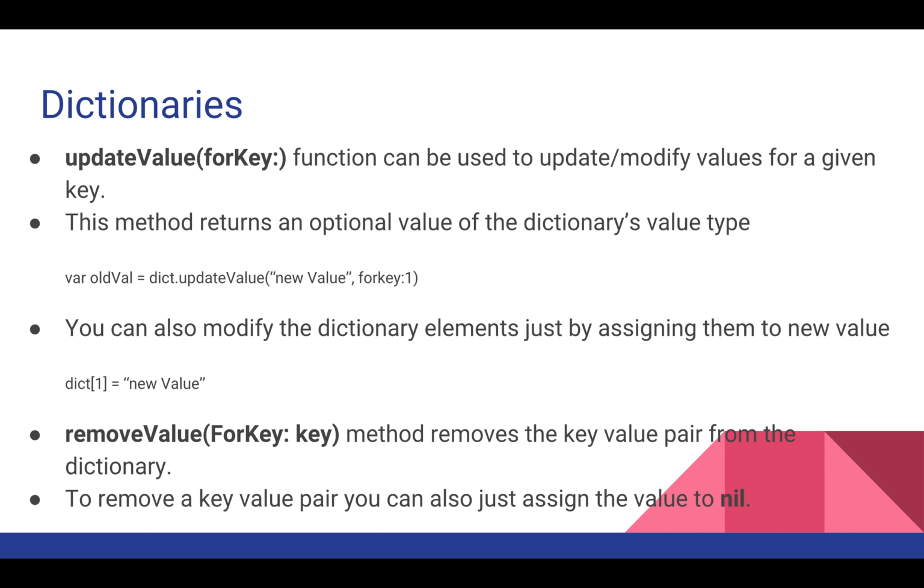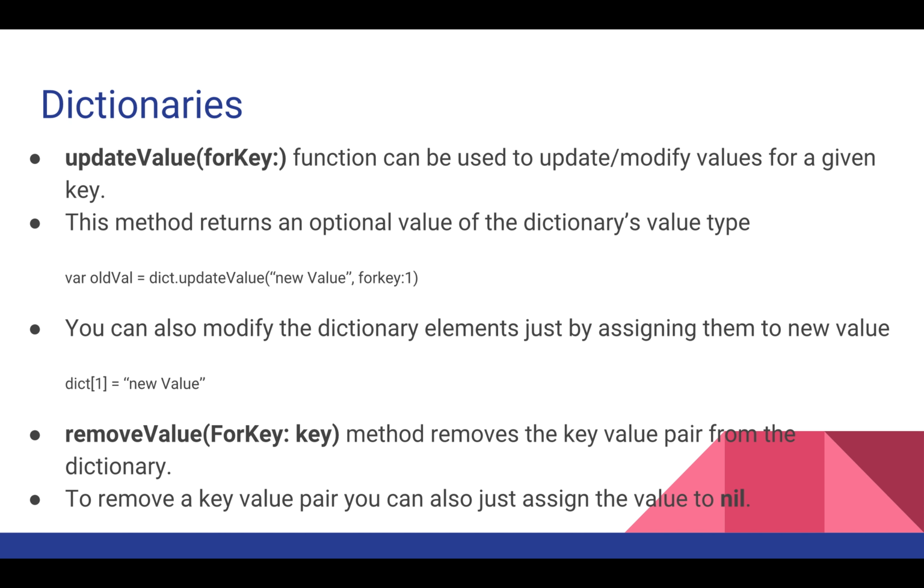You can use the updateValue forKey method to add or update a value for a key in the dictionary. This method returns an optional value of the dictionary's value type. You can modify an existing element by assigning a new value for the given key in the dictionary.